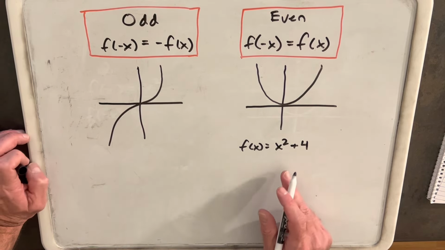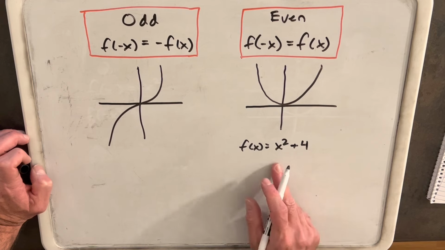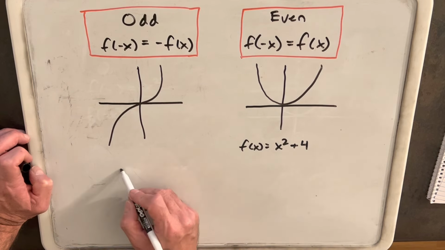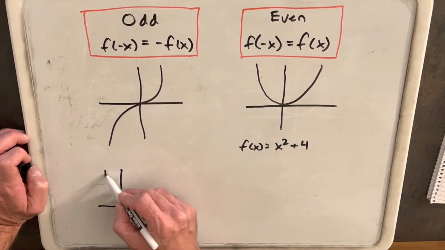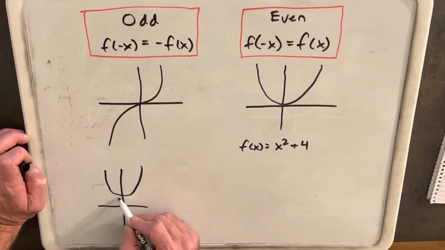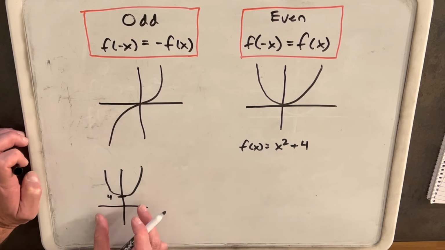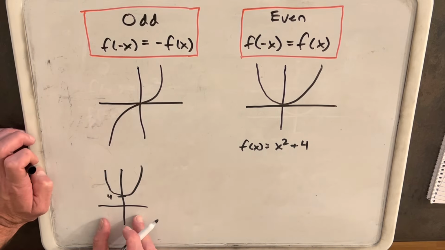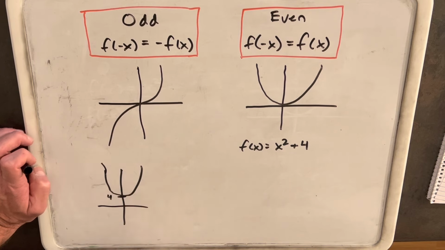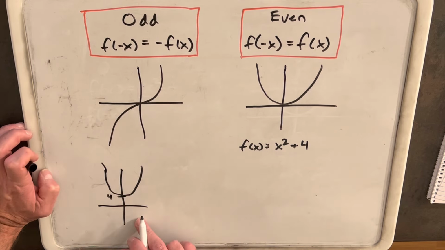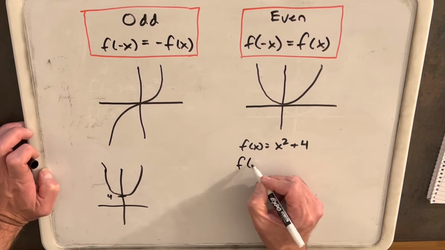Now the graph of this is going to look kind of similar to that, but I could shift it up. So the graph of x squared plus 4 is just going to be something like this. That's a poor drawing, but this is the shift up 4. But we still have the symmetry around the y-axis. So it's still the same on both sides of the y-axis. So this is going to be even, but let's verify it.